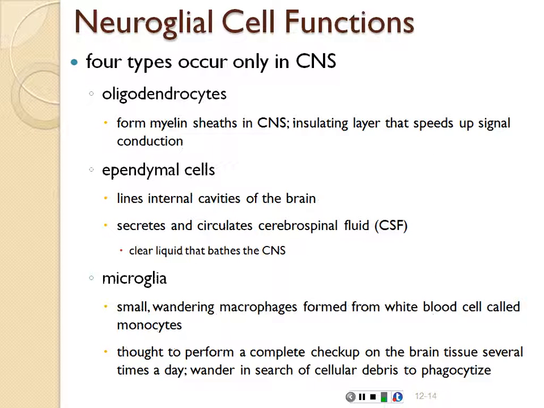Okay. And then you have ependymal cells, and you've heard of CSF, that fluid, right? So the fluid that the brain kind of sits in, and it bathes the brain and spinal cord. Yes, so CSF, if you've had a spinal tap, that's what they're drawing off. So the ependymal cells are responsible for helping with secretion and circulation of CSF.